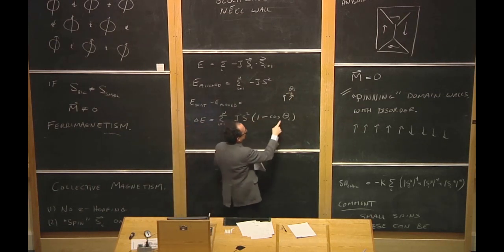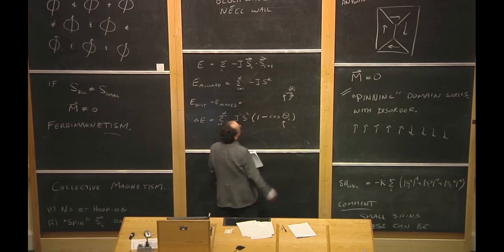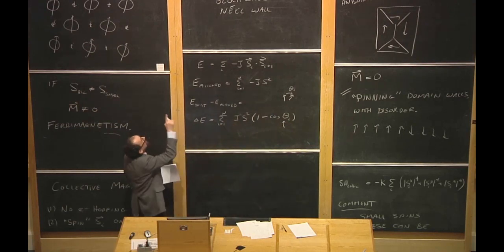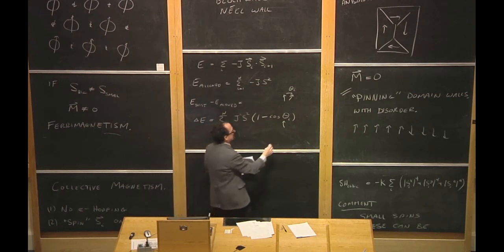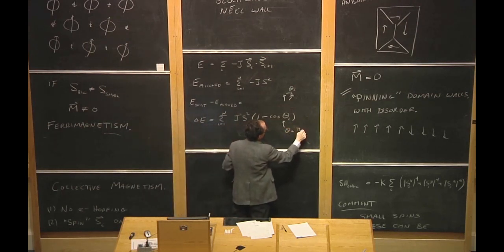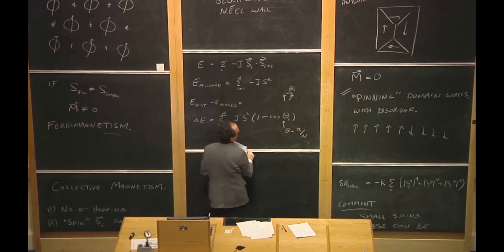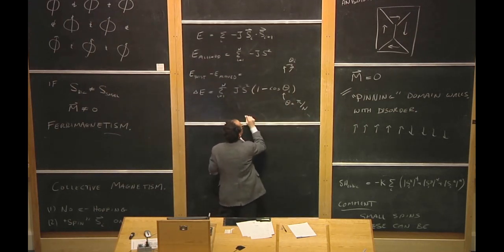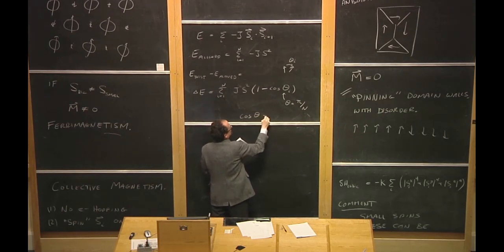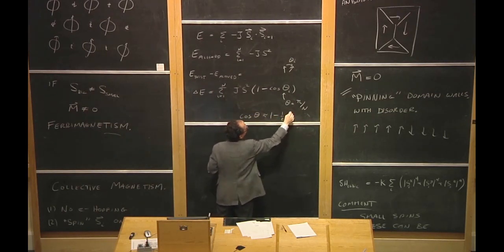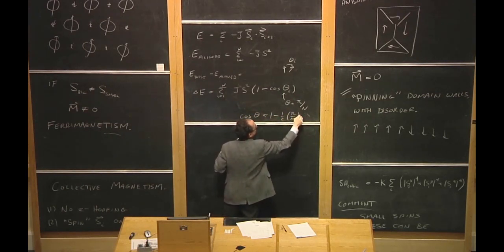So let's assume that theta is small, and if we need to get from all the way to the left to all the way to the right in n spins, let's just declare all the thetas to be pi over n. So we have to make a pi rotation in n steps. So cosine theta is then approximately 1 minus 1/2 (pi over n) squared.